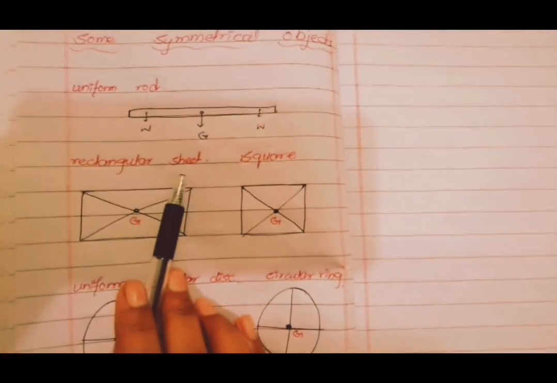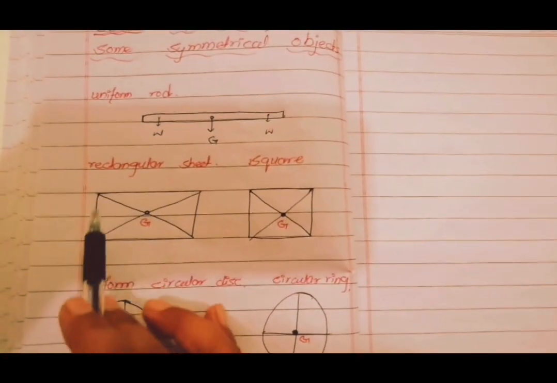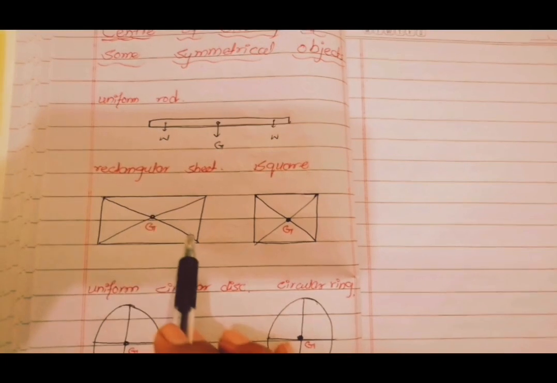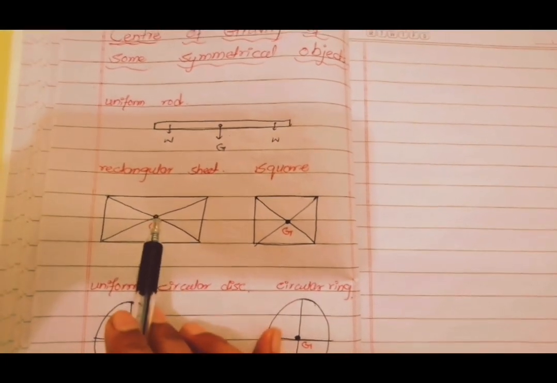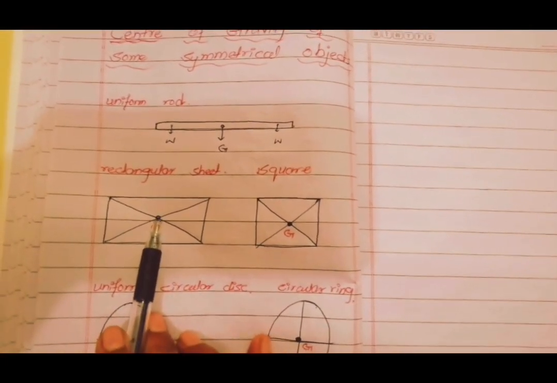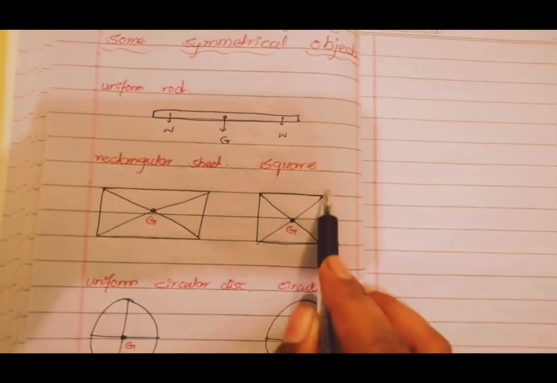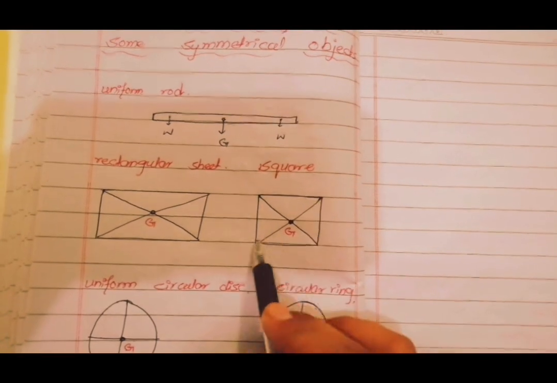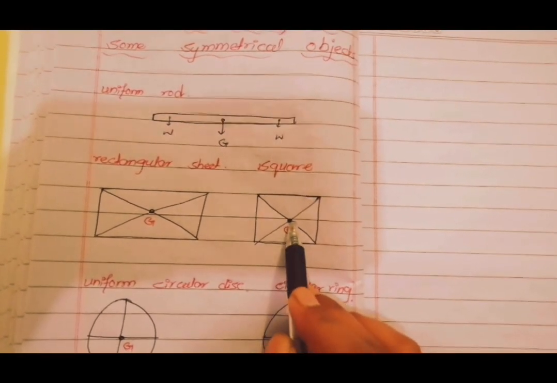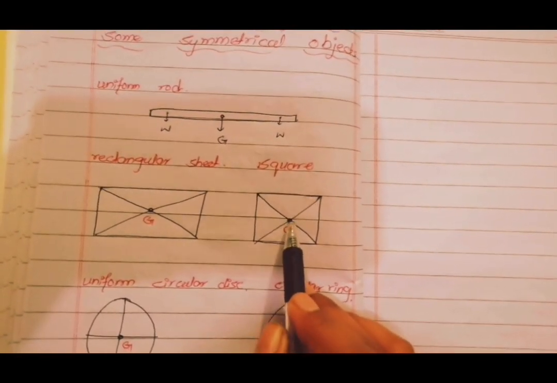In a rectangular sheet, the point of intersection of its diagonals is the center of gravity of this rectangular sheet. In a square, the point of intersection of its diagonals is called the center of gravity.